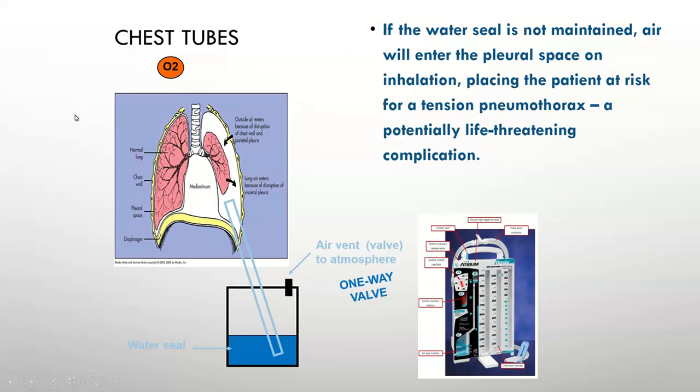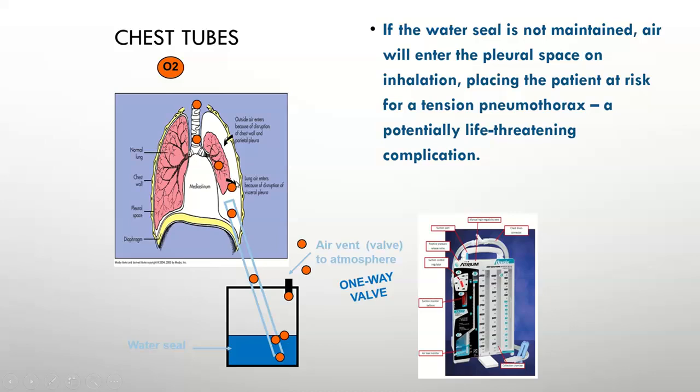Now, I have this to kind of show you how this water seal works, because it is very, very important. So if you watch this O2 circle, this is meant to represent up here where the O2 is, the patient breathing. So air enters, O2, atmospheric air, enters the patient, and then goes down into the lungs. The lung here is damaged, and therefore it exits. That's the inner tube.